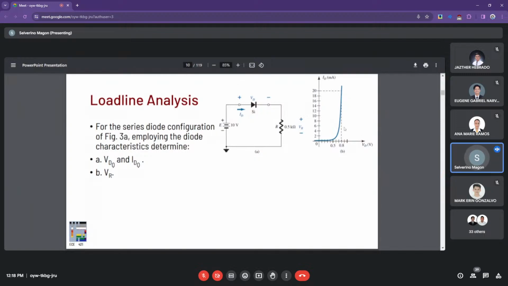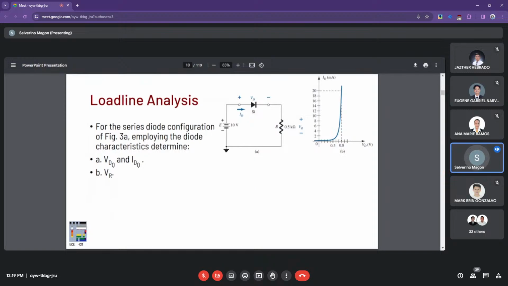And then the Q point must rest somewhere in between. That Q point, if you try to calculate, is around 0.7 volts, or slightly lower than 0.8 volts. So you have plotted the 0.8 there.